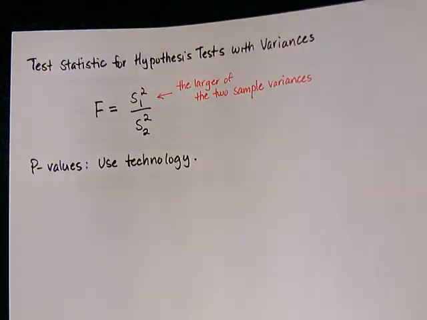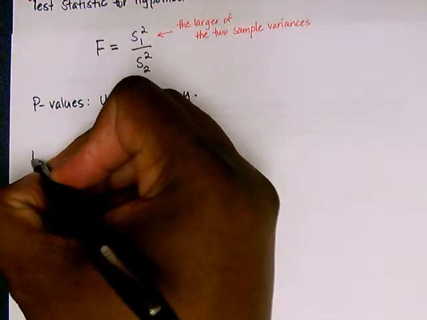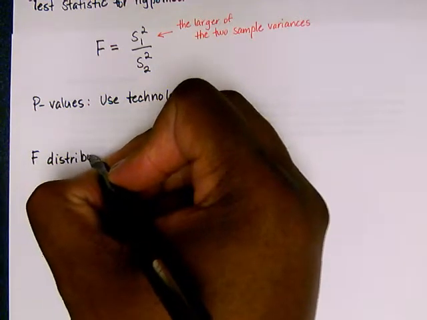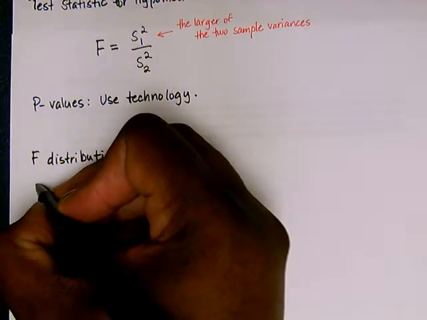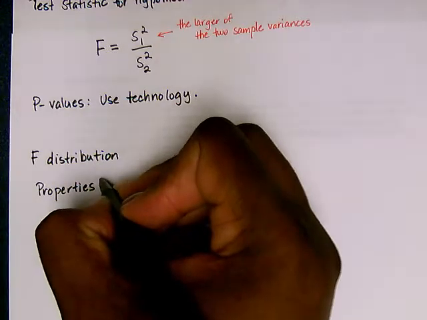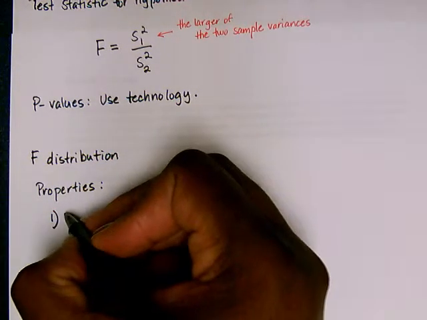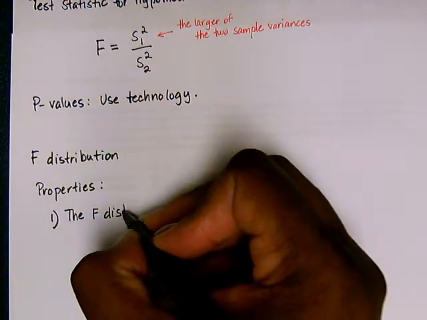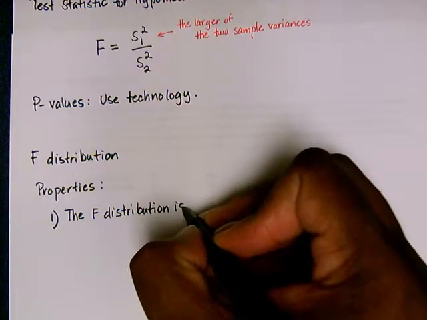Alright, now let me go into more detail of what the F distribution is, because that's what we're using for this hypothesis testing. We're using the F test, so let's talk about the F distribution and its properties. There are three properties of the F distribution. Number one is this: the F distribution is not symmetric.